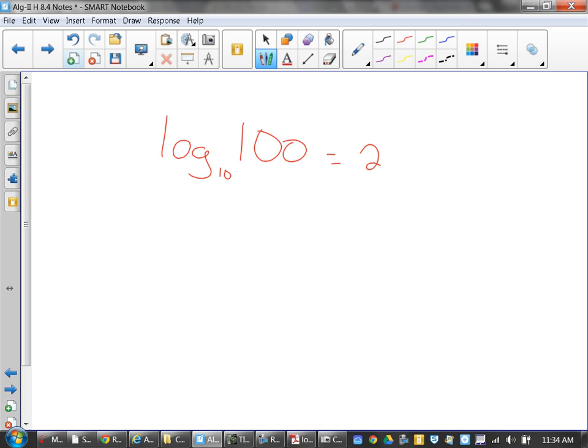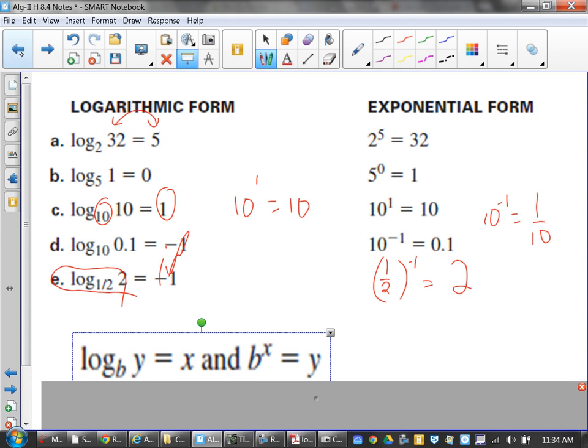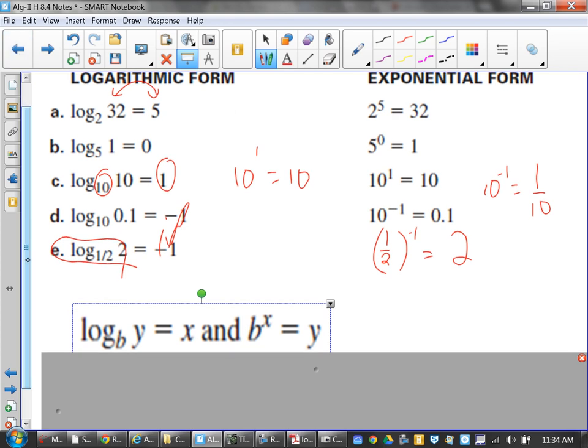How do you know that it's 10? Because if there's no number there, it means it's base 10. That's the rule. If there's no number there, it's base 10. Otherwise, every other one of these has some sort of a base. Sometimes they put a 10 there, sometimes they won't.